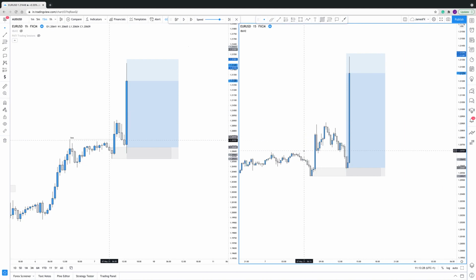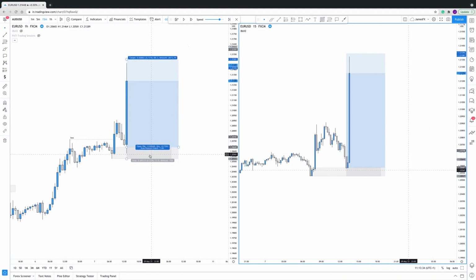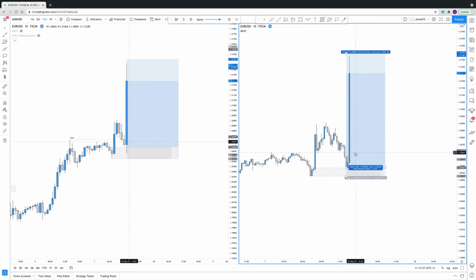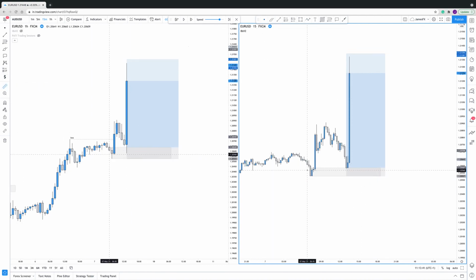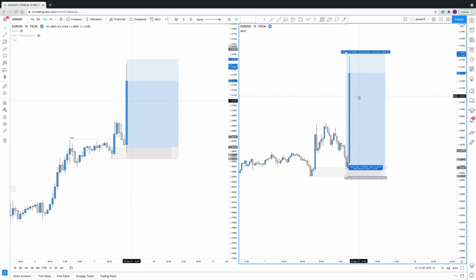And what that's essentially doing is taking our stop loss, which was over here at 11 pips, and refining it down to 6 pips. As you can see, from the high to the low, we're looking at 6 pips. So if we look at where price is, you can see we tapped in perfectly.